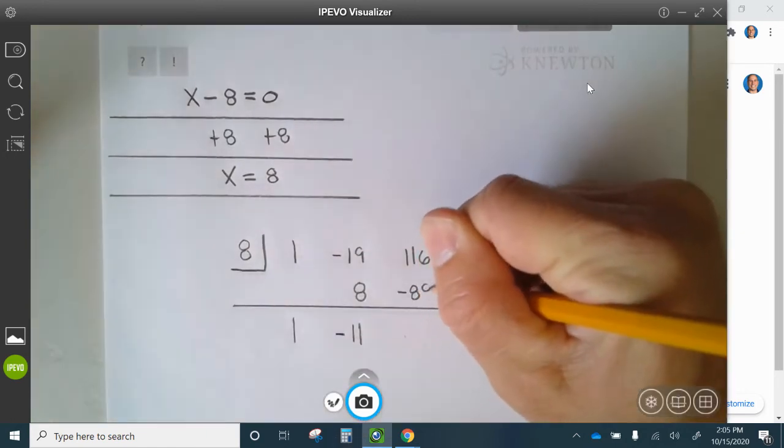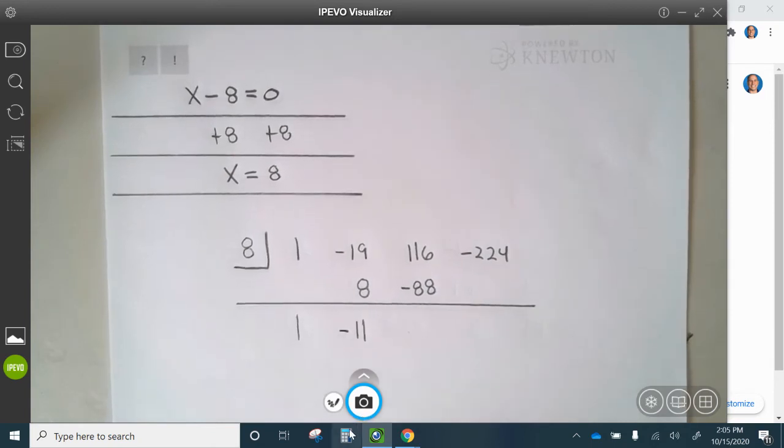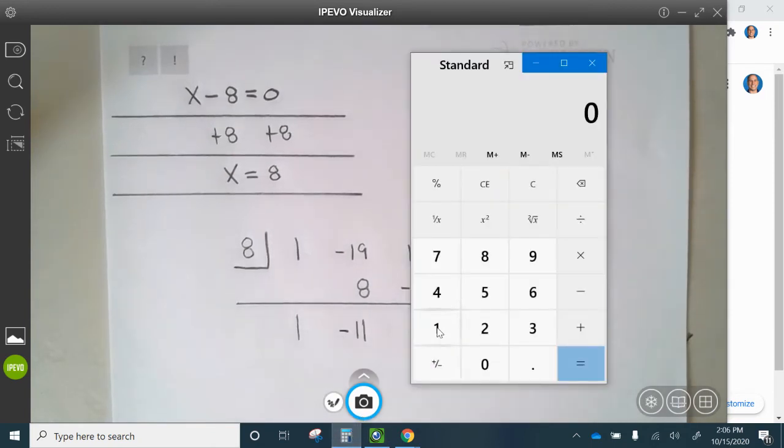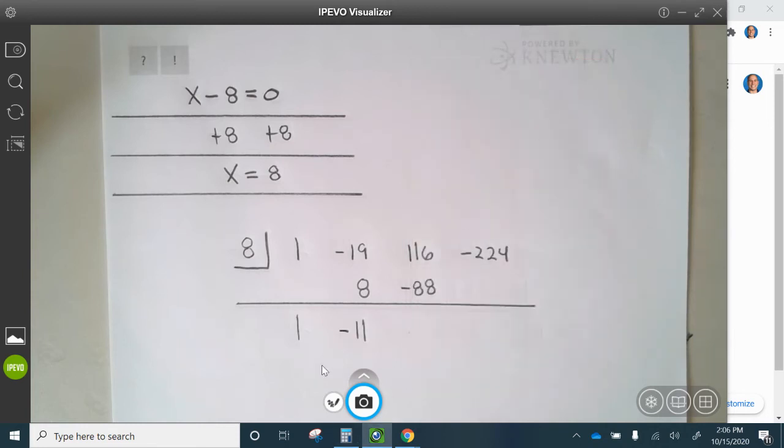It's not a bad idea, by the way, to every once in a while check your calculations on the calculator just to make sure you don't make a calculation error. 116 minus 88, I think is 28, but again, let's use a calculator just to make sure.